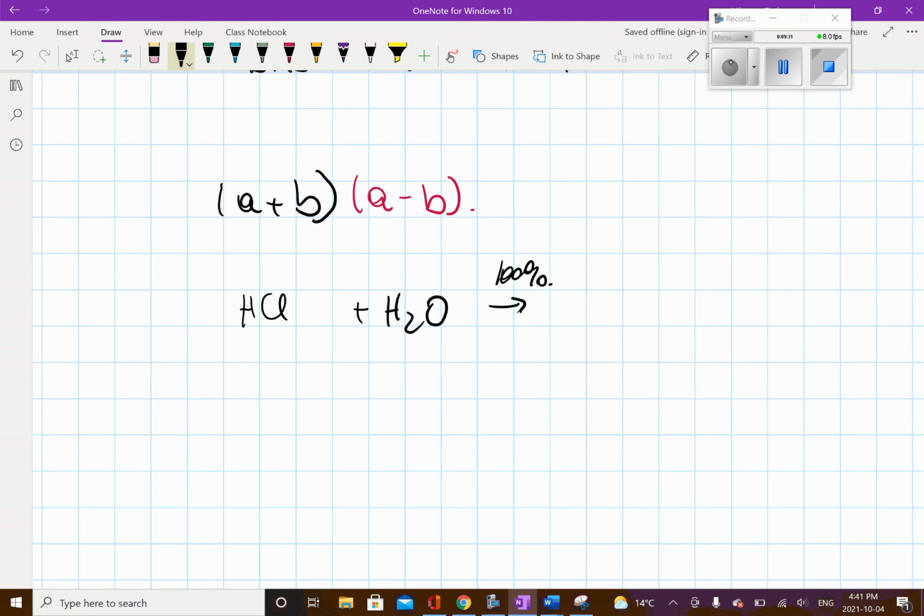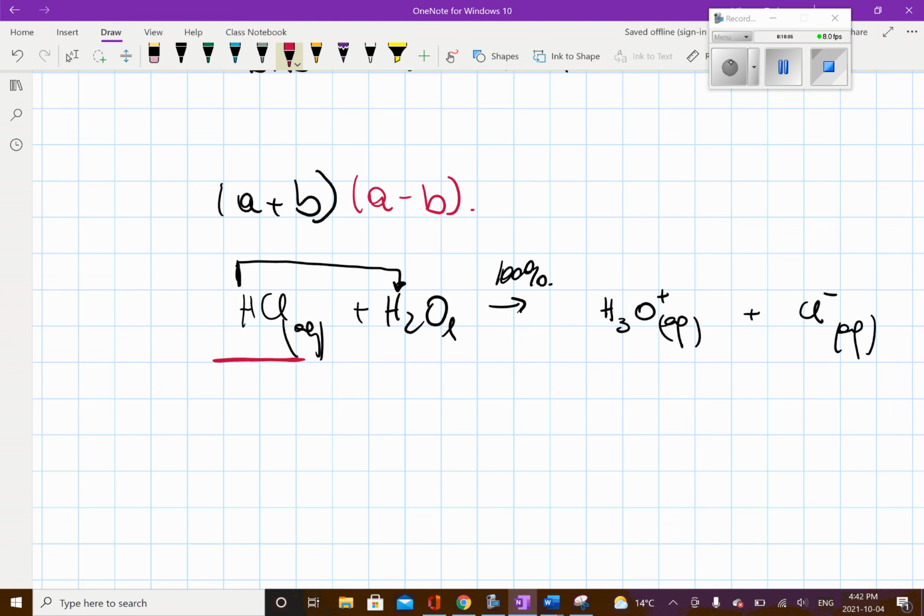So what is happening here? This compound, hydrochloric acid, is donating the hydrogen to water, forming a hydronium in aqueous solution. Then Cl minus is left over.